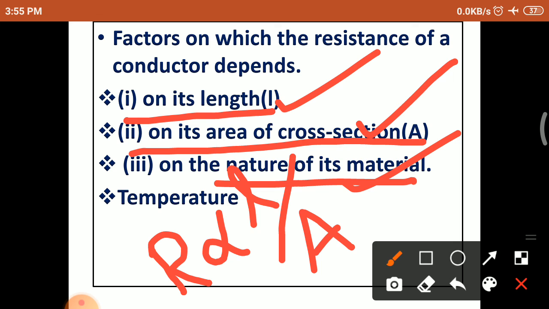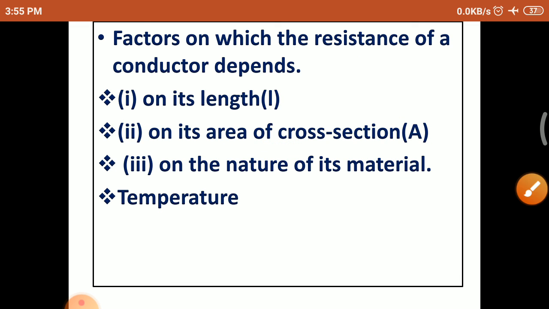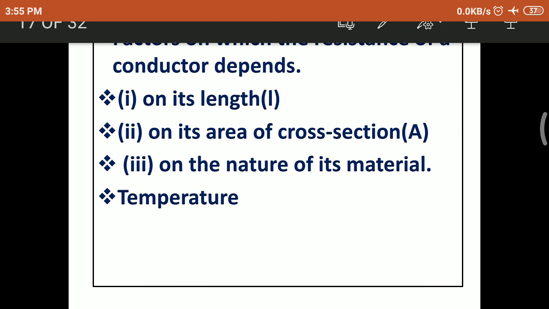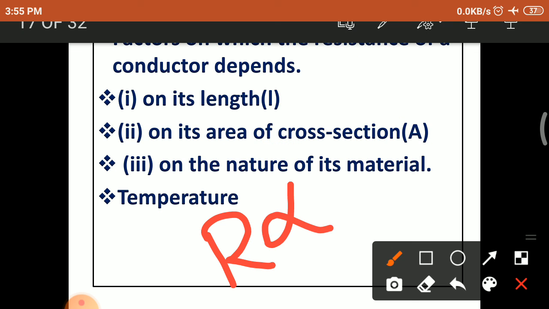And temperature is a very important factor. The resistance of the conductor is directly proportional to the temperature. That means when the temperature is increased, the resistance also increases. When the temperature is decreased, the resistance value also decreases.